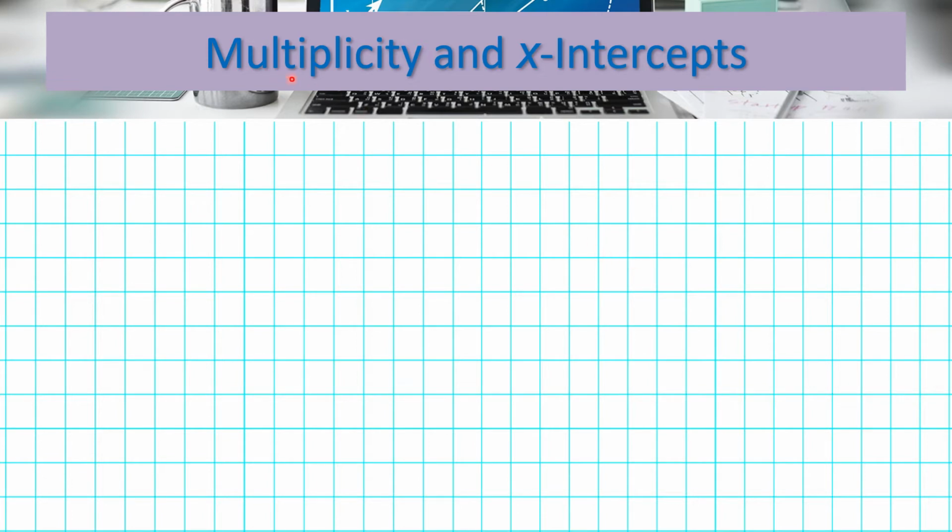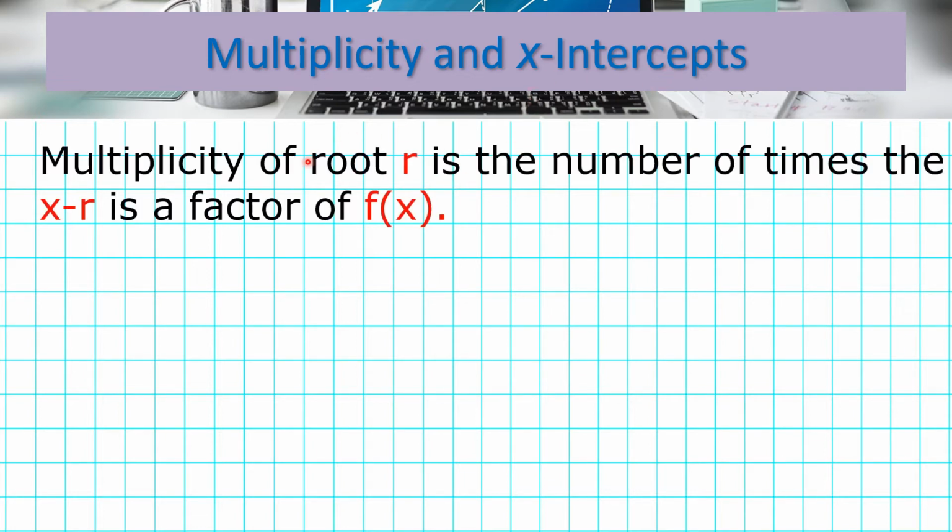Okay, now let's have multiplicity and x-intercept. X-intercepts are the zeros of the polynomial function, and sometimes it has multiplicity. Ibig sabihin, nadodoble yung mga x-intercept. So, multiplicity of root r is the number of times the x minus r is a factor of f of x. So, kung ilang beses naging factor itong x minus r na to ng isang polynomial function.